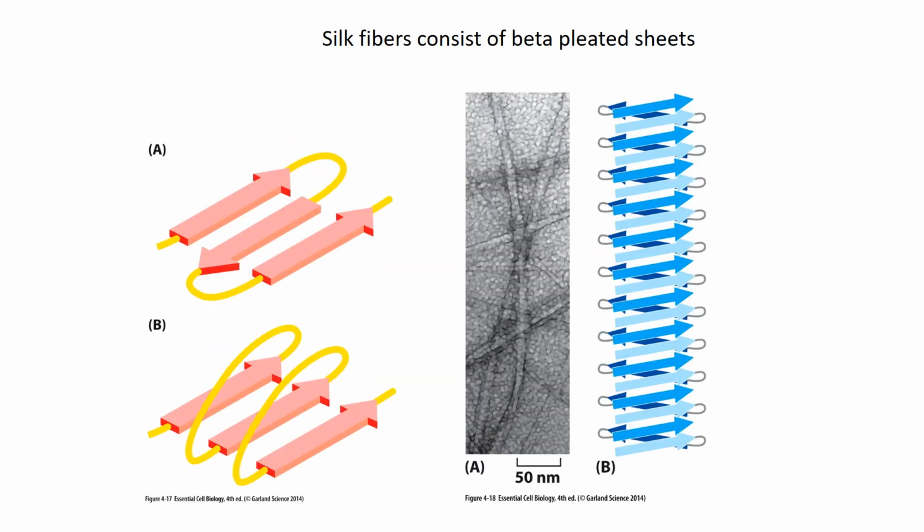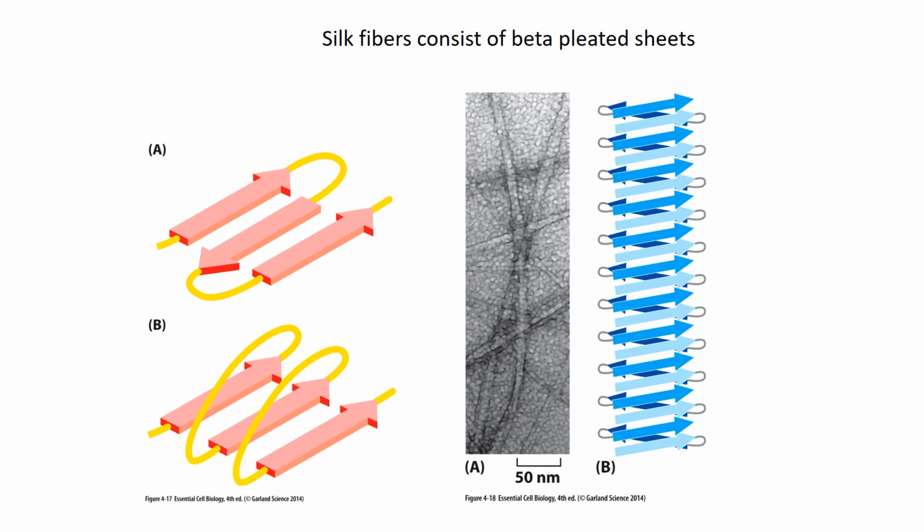On the left of this illustration, we can see that adjacent strands may be oriented in opposite directions to one another, as in part A, or they may be parallel to one another, as in part B. We call both of these beta pleated sheets, but A would be anti-parallel, B would be parallel.